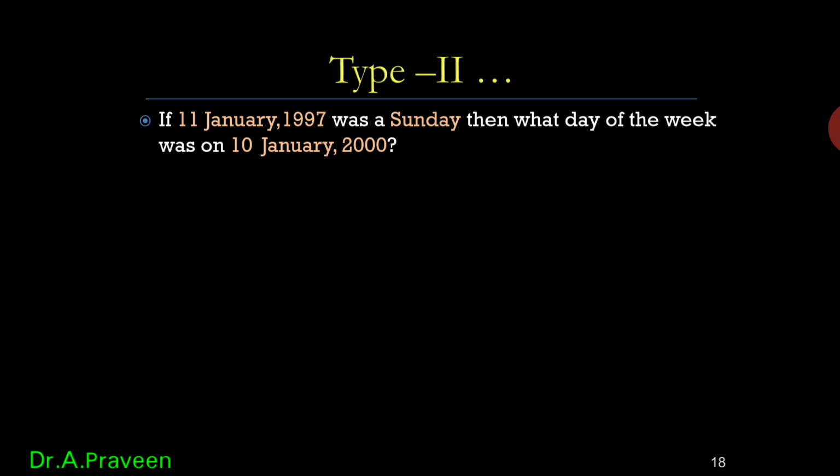So first we move from 11th January 1997 to 11th January 1998. In that process, we crossed the month of February in 1997. 1997 is not a leap year. So therefore, 11th January 1998 will be Monday, that is one day after Sunday.